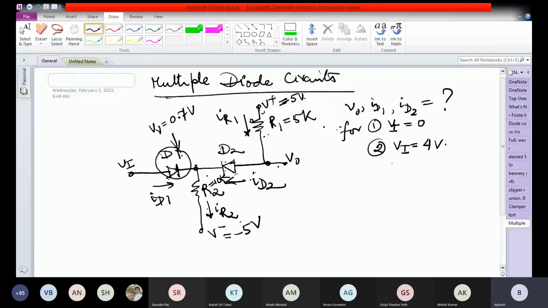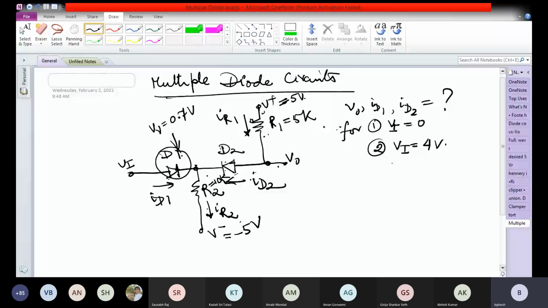The first thing you have to do is to estimate the state of each diode, because there are multiple diodes and multiple voltage sources, so we do not have a clear view as to whether a particular diode will be in the off state or on state.